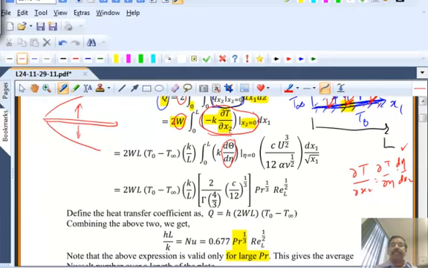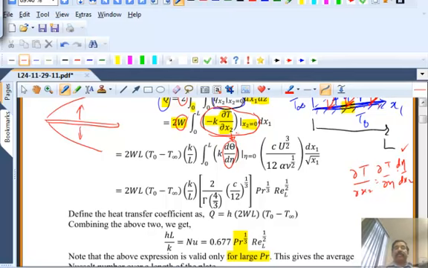Now, how did I go from dT/dx2 to d theta/d eta? What did I do? I just took dT/dx2 and wrote this as d/dx2 of (T minus T infinity) divided by (T naught minus T infinity). Then I wrote that as d theta/dx2.